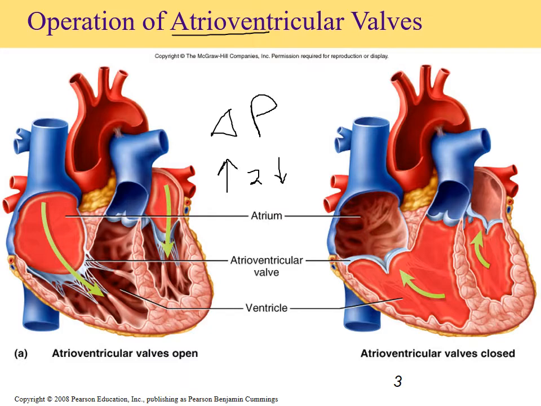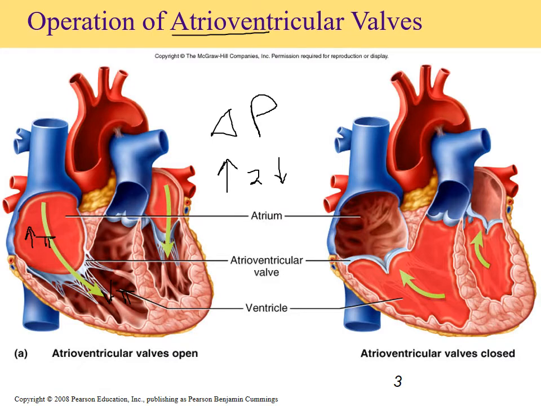As blood comes into the atrium, it starts increasing in volume, and when it increases in volume, it increases in pressure. At a certain point, the pressure in the atrium is higher than the pressure in the ventricle, and when we see that happening, the valve is going to open up. Blood will go gushing out of the atrium from a high pressure point to a low pressure point, which is the ventricle.